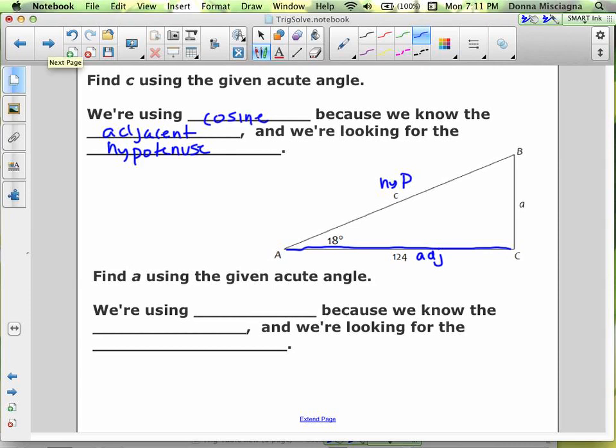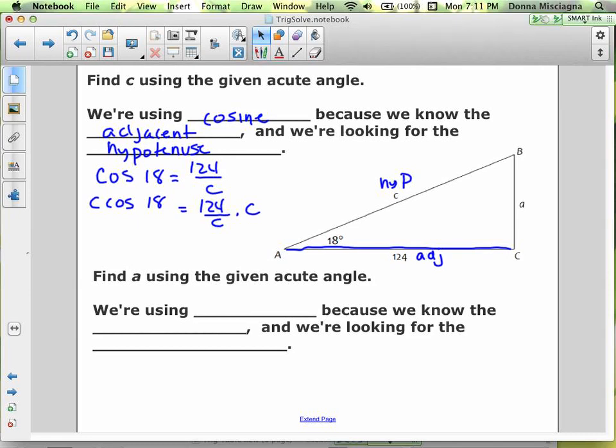All right, let's set up our equation. So cosine of an angle, cosine 18, equals, and remember cosine is adjacent over hypotenuse, so 124 divided by C. We've got to get the C out of the denominator first, so let's multiply both sides by C. So we have C times cosine 18 equals 124 divided by C times C. The C's cancel out.